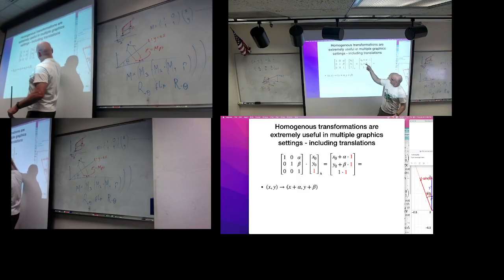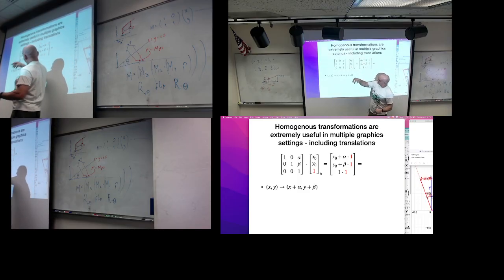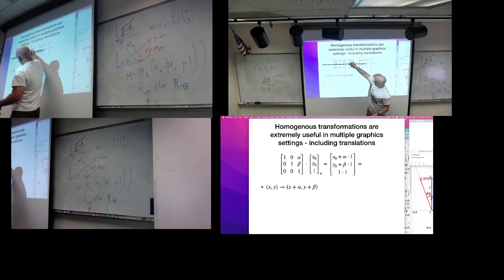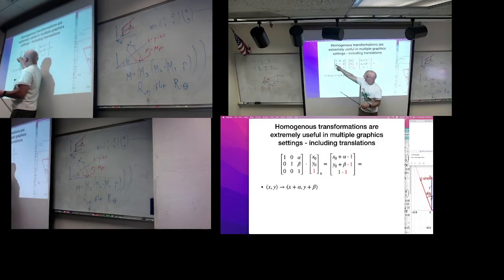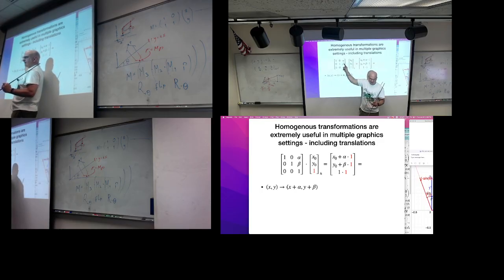What about the y value? The y value at the output would be, take the second row, which was identity, except that the last element I changed to be some other fixed number, beta. Fixed meaning it doesn't depend on the input point that I have.